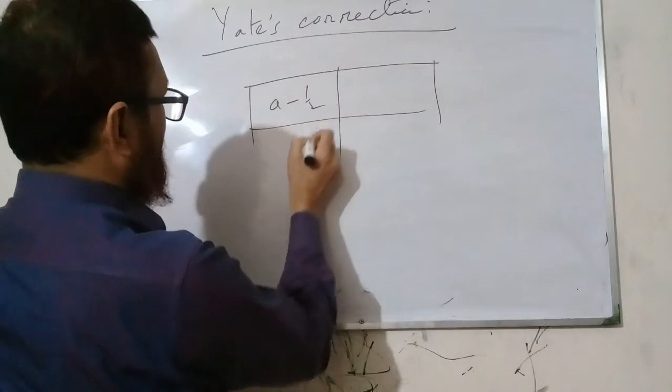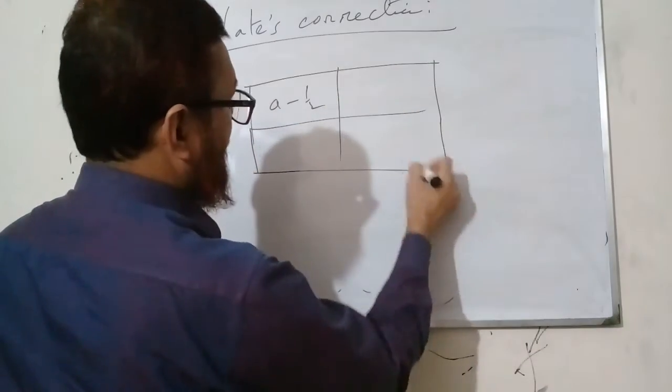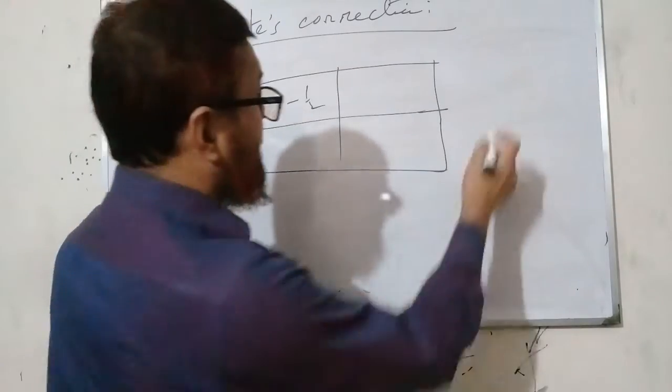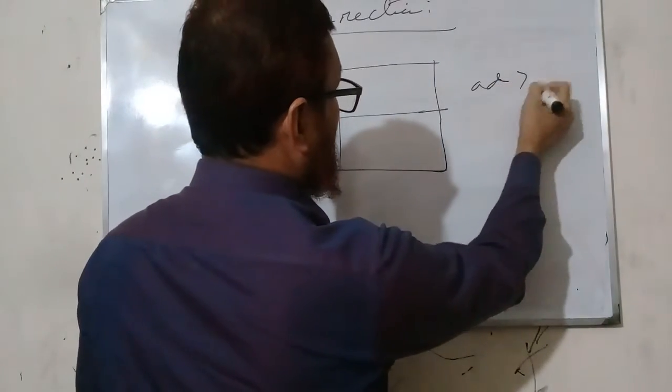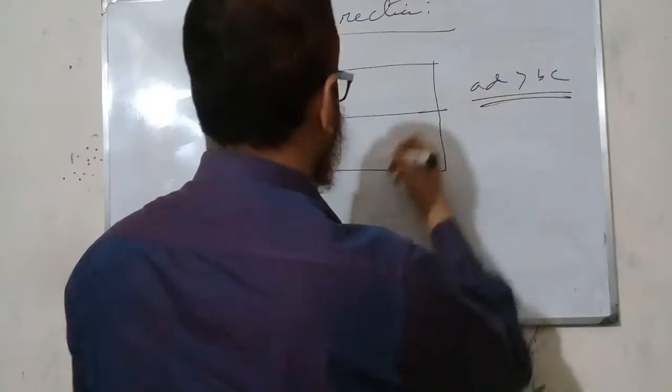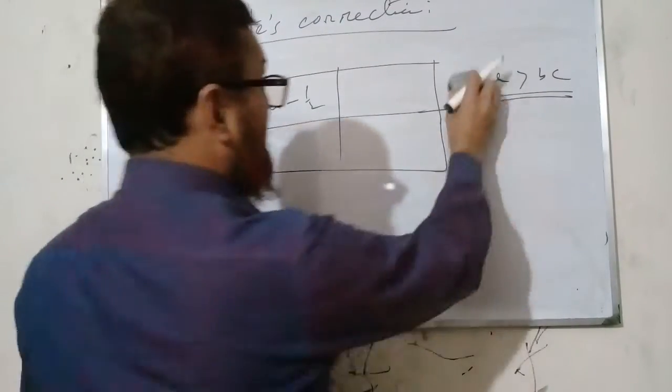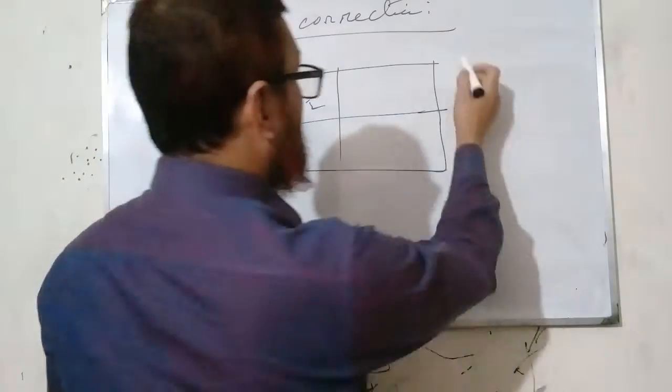This is A minus half. If AD is greater than BC, applying this condition, A minus half, our marginal total is fixed.